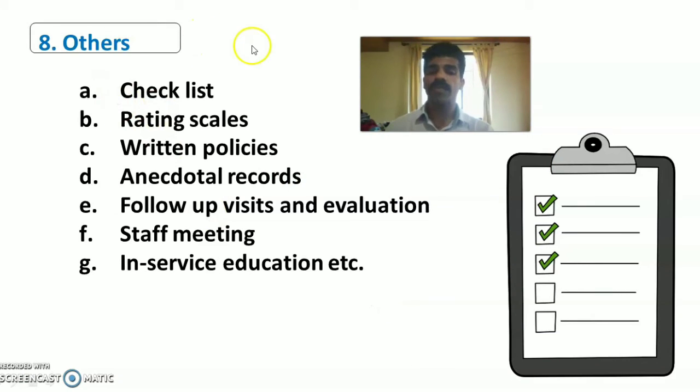So other tools of supervision include checklist, rating scales, written policies and rules and regulations, anecdotal records, follow-up visit and evaluation of the employees or workers, staff meeting, periodically conducting staff meeting, then in-service education, continuous education, etc. These are the different tools that can be used by the supervisor in the supervision process.